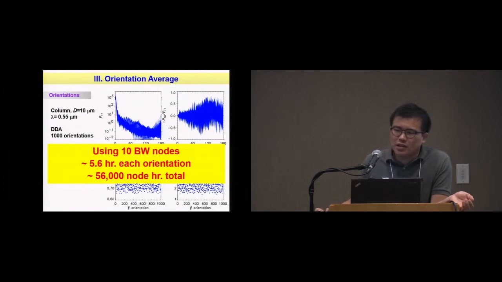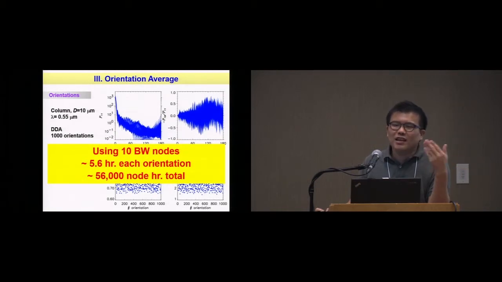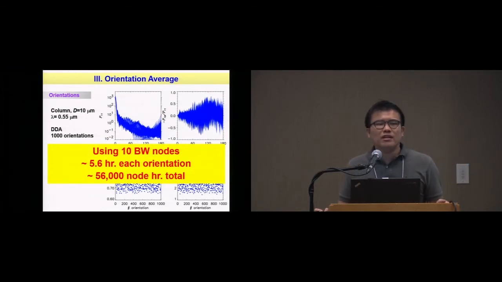So this one is just for one single particle and one size and one wavelength. And then I just mentioned we need to repeat this across large sizes and shapes and wavelengths. So this one is very expensive. And then the question is, can we save this computing time?